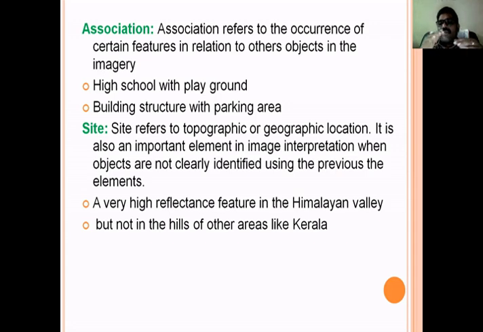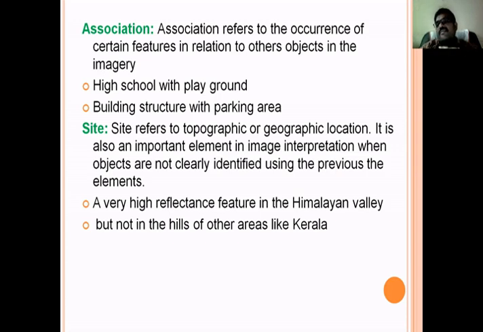But what I am stressing here is, if a building area is associated with an empty area in a colony, or in one particular area, we can conclude it might be a high school. This might be a college, because the college always holds a playground, or the high school is always associated with a playground.